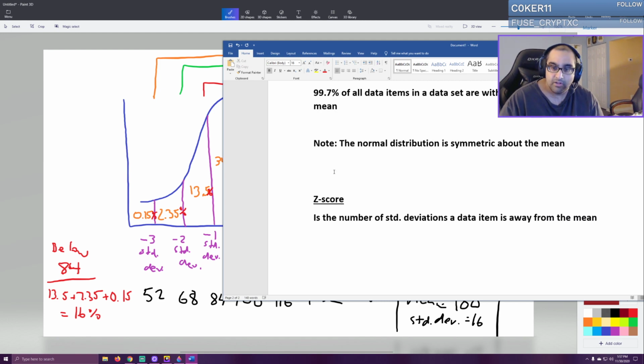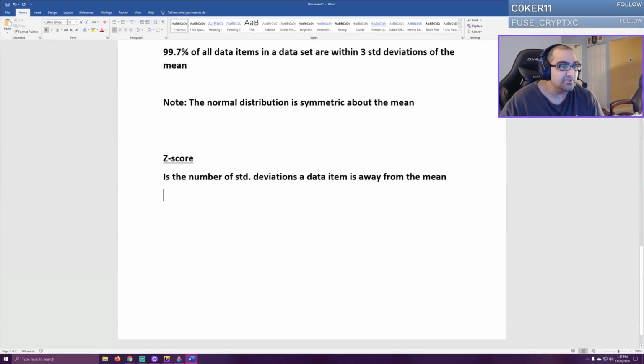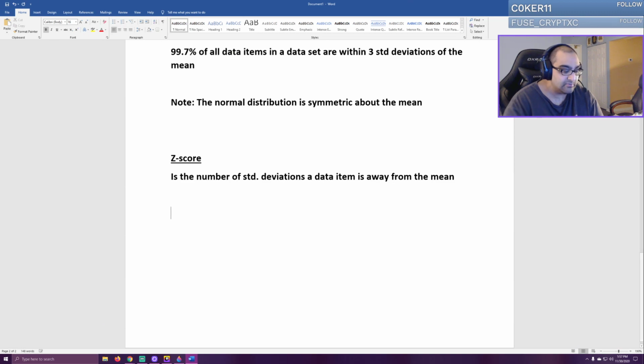Now, there are two things to keep in mind regarding a z-score. Note, there are positive and negative z-scores.